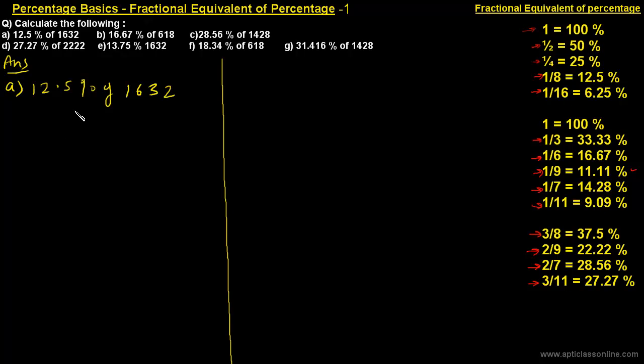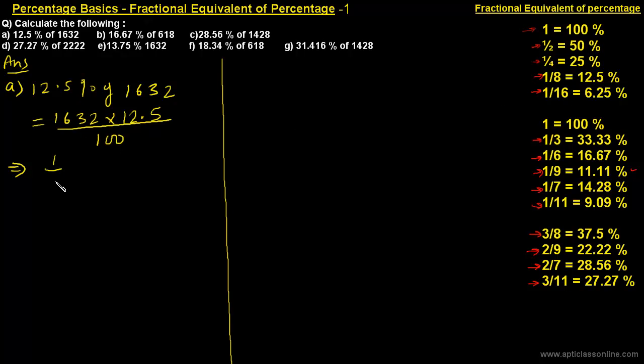So conventionally, if you want 12.5% of 1632, you can do it by 1632 into 12.5 divided by 100. That will take some time, but if you apply this fractional equivalent, that shows that 12.5% is equivalent to 1 by 8.